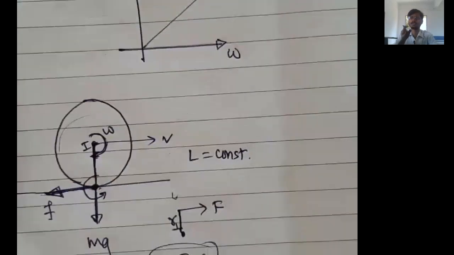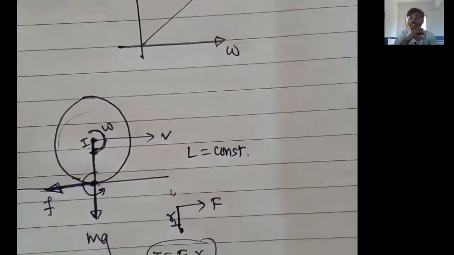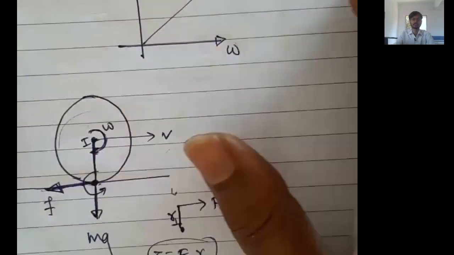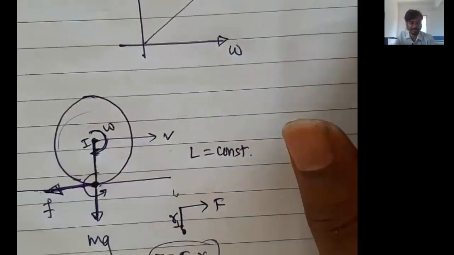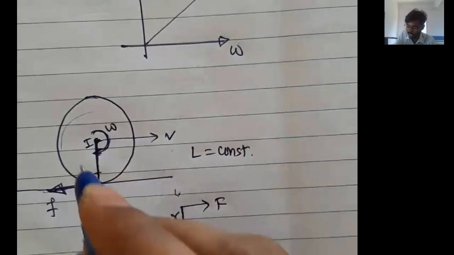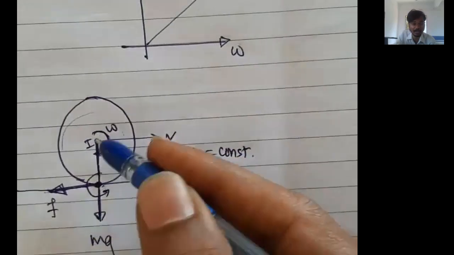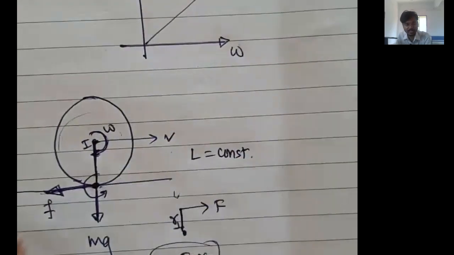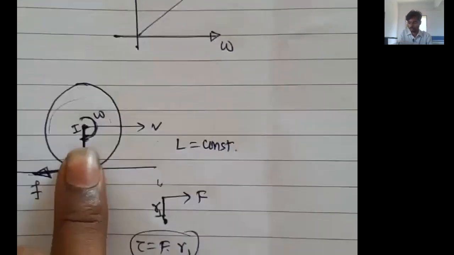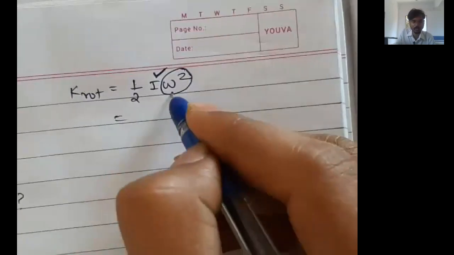Whenever force and velocity are in the same direction, velocity increases, which means force and acceleration are in the same direction. Just like that, torque and angular velocity are in the same direction, so this torque will increase that angular velocity. So omega is right now increasing. If omega is increasing, omega square will increase.